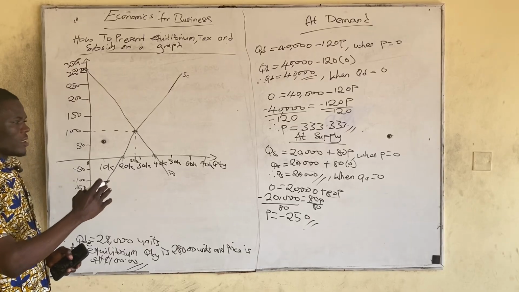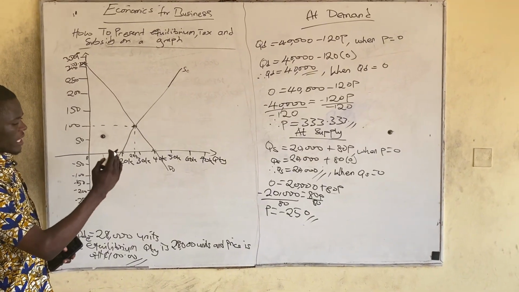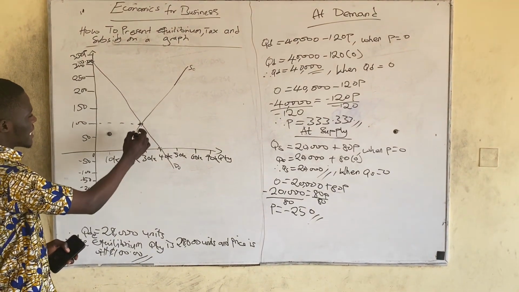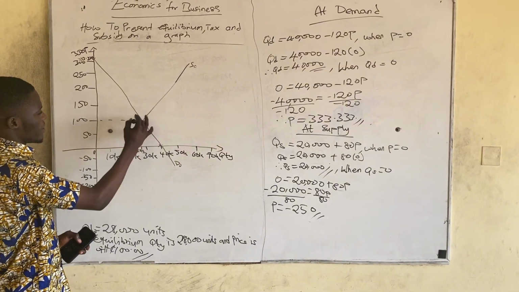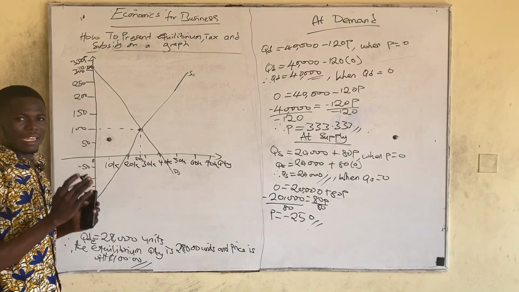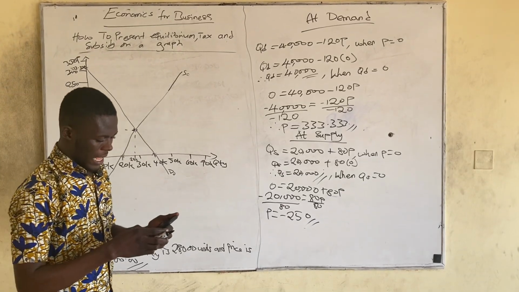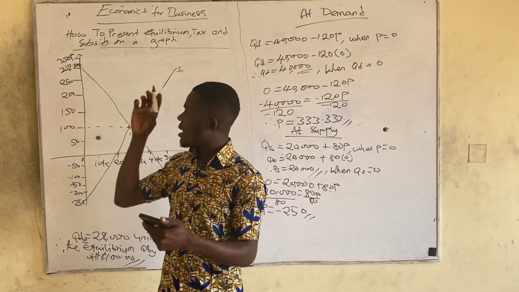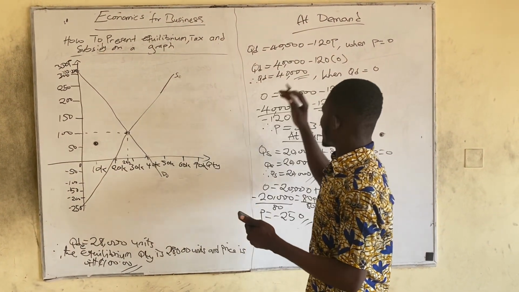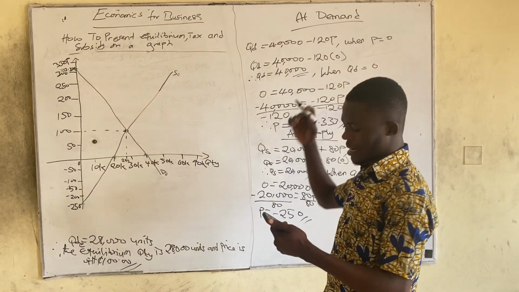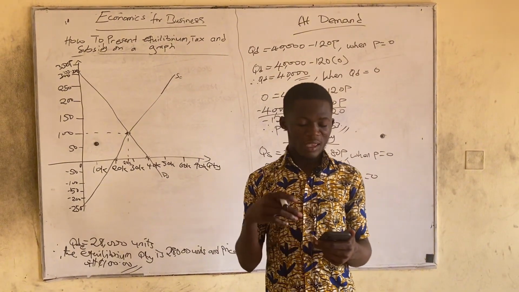As you can see, when we solve everything, it intersects at the equilibrium exactly where I indicated initially. So we are done with the graph for the equilibrium quantity and price, the quantity demand equation and the quantity supply equation.